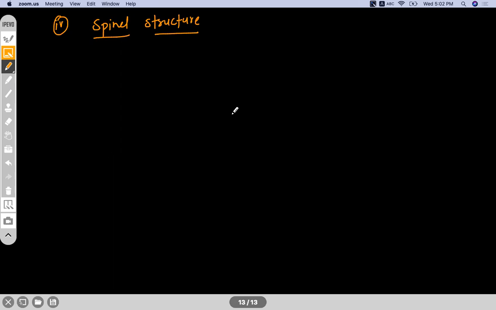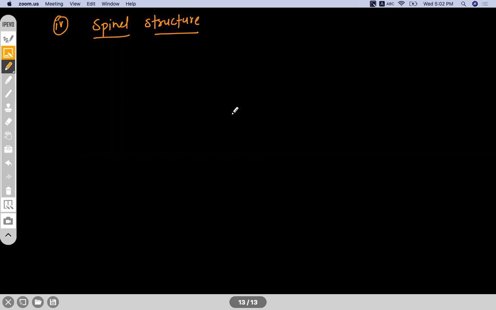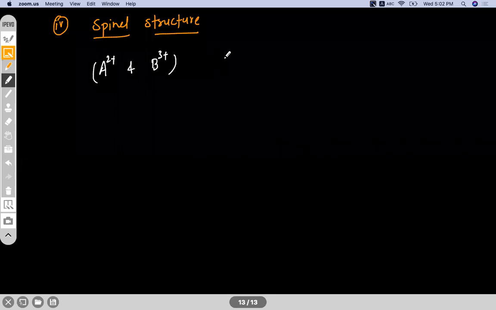These are the compounds of two different cations. In bracket you write down A2+, which means we'll have a divalent cation and a trivalent cation, B3+, and the oxide ion, O2- ion.